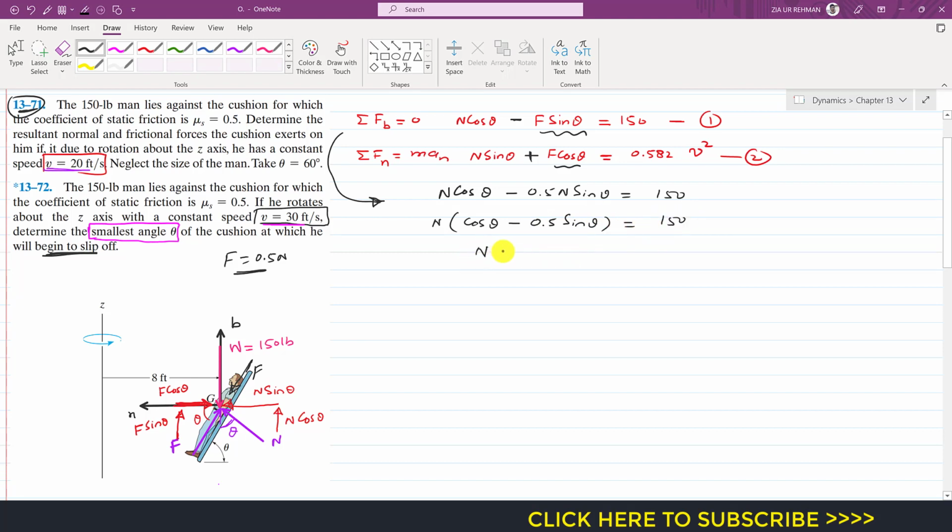Or we can say that N is equal to 150 divided by cos of theta minus 0.5 sine of theta.